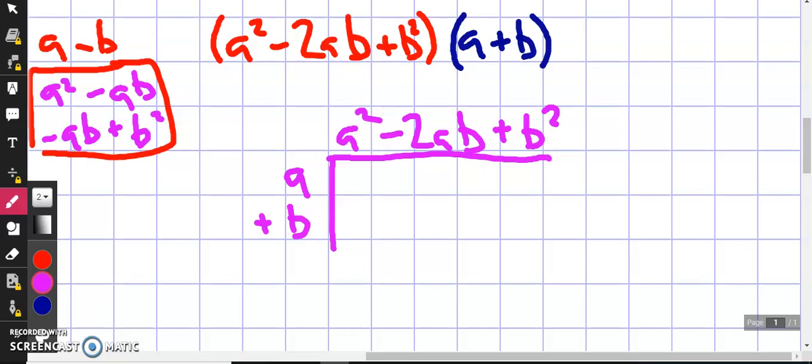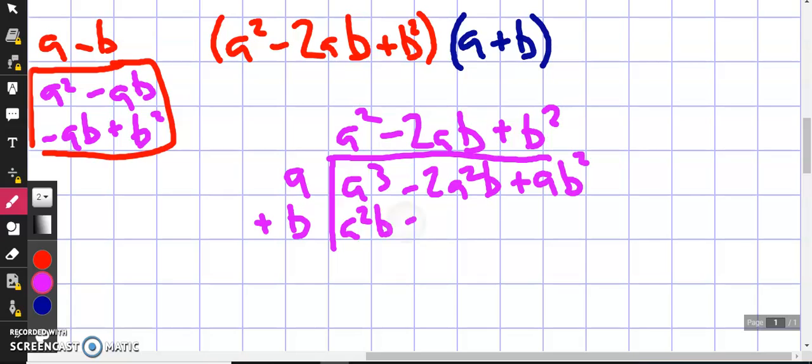And then we'll do what we did in the previous set. So I'll have a cubed minus 2a squared b plus ab squared. And then on the bottom row, I will have a squared b minus 2ab squared plus b to the power of 3.